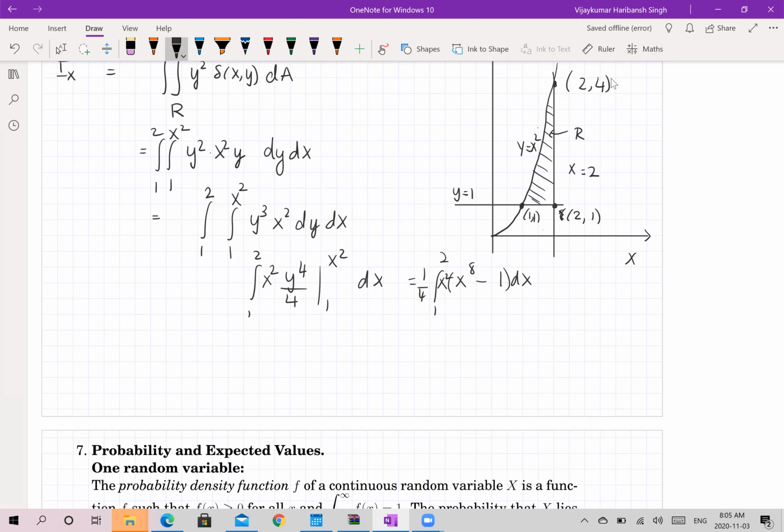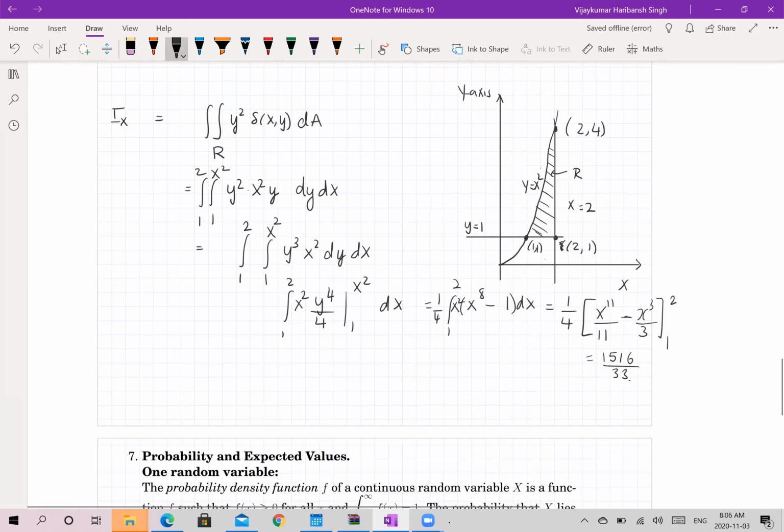Then this integral turns out to be 1 by 4 times the integral of x to the 10, which is x to the 11 by 11, minus x cubed by 3, from 1 to 2. And if you do this computation, it turns out to be 1516 over 33.